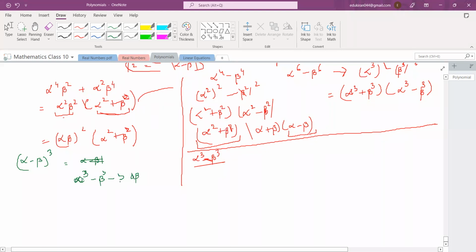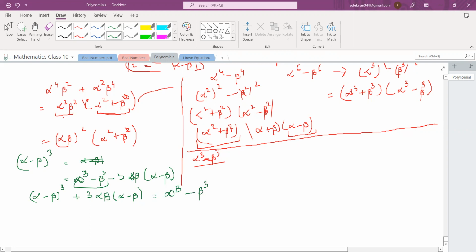This was the identity, right? Yes. Okay. And I want to find the value of this alpha cube minus beta cube, right? So I'll take the other terms, alpha minus beta whole cube, and then plus 3 alpha beta into alpha minus beta. That will give me alpha cube minus beta cube.